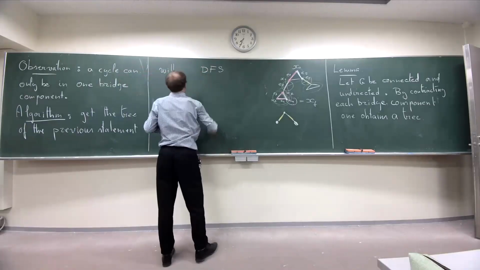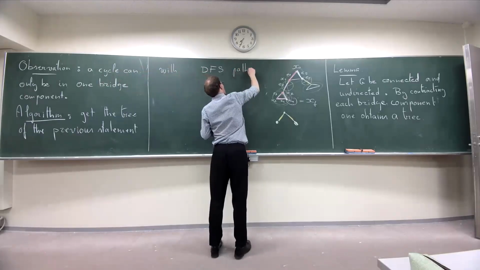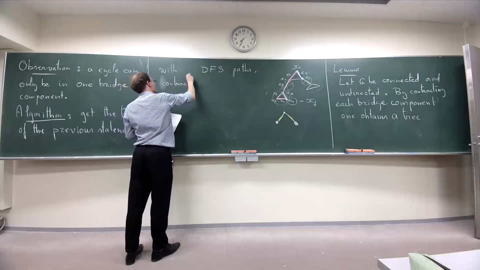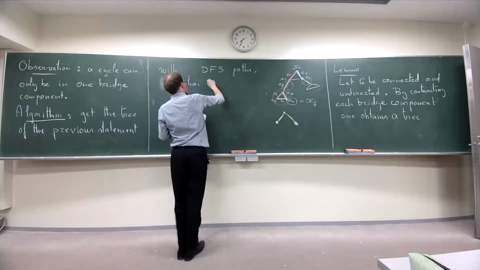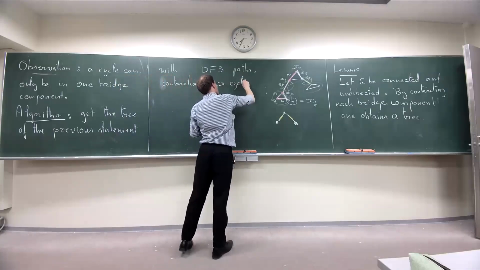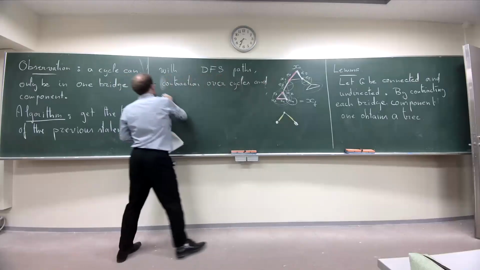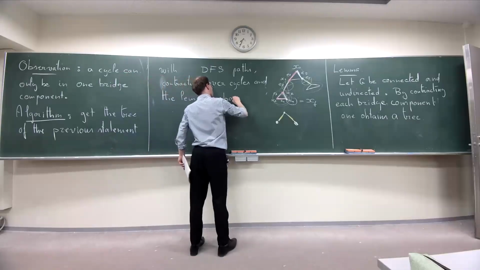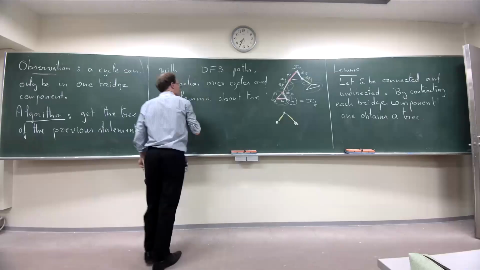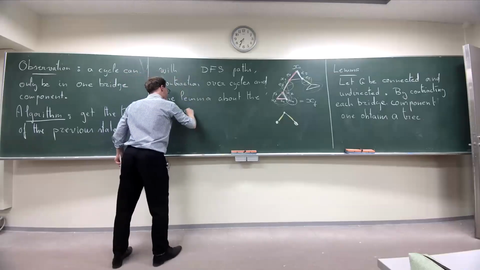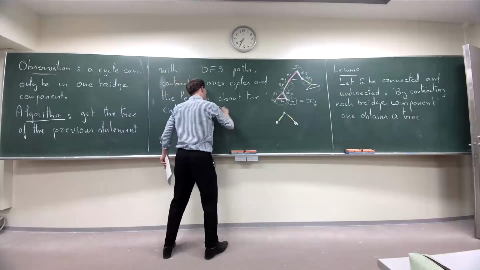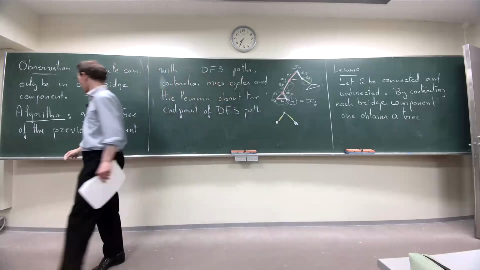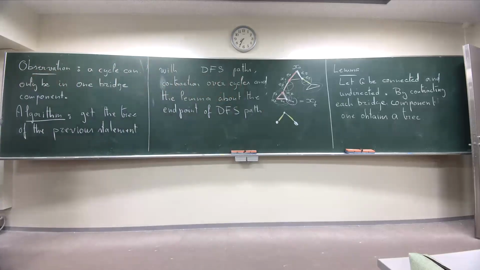With the DFS path, contractions over cycles, and the lemma about the endpoint of a DFS path. So there is still something to do, but you have all the ingredients.